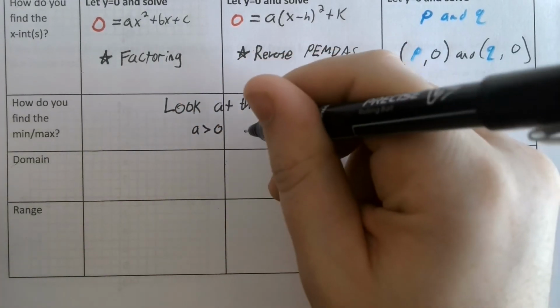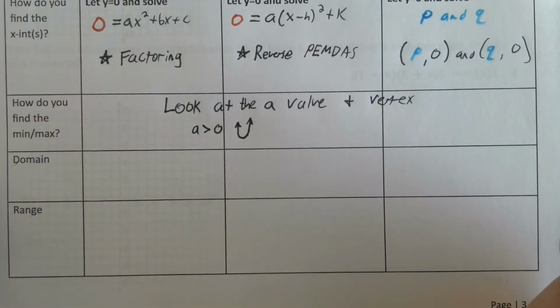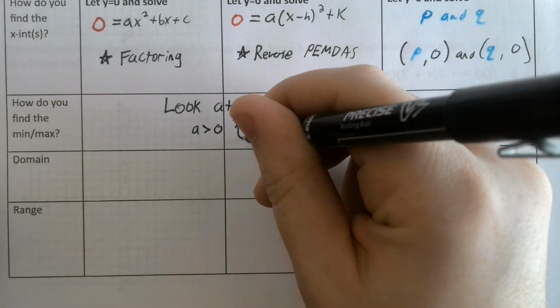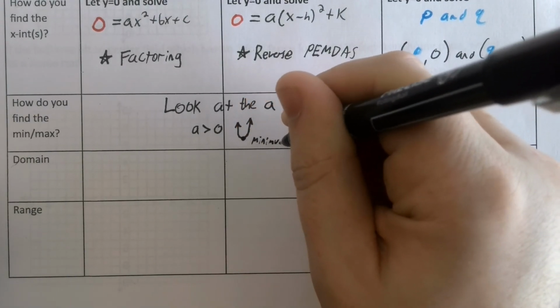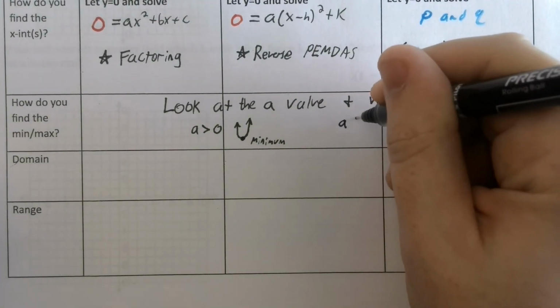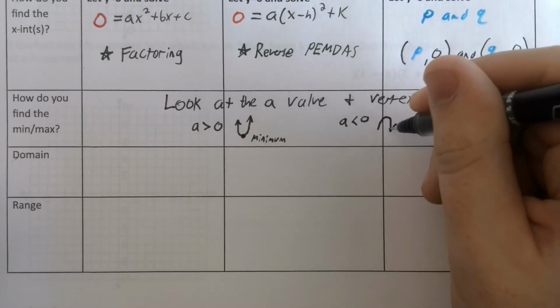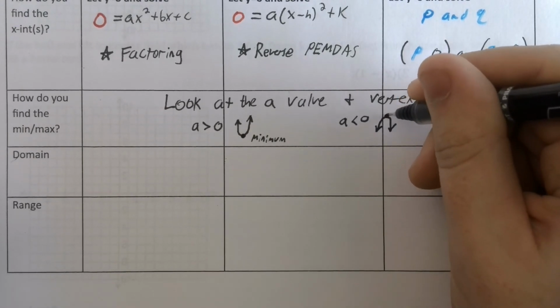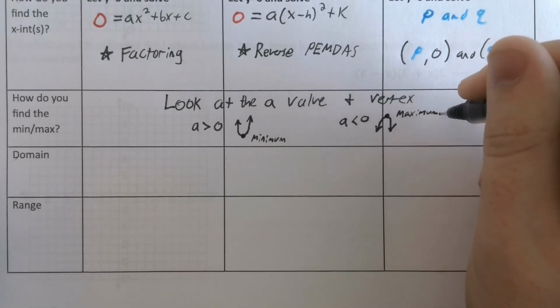When a is greater than 0, remember, our parabola is facing up like a cup. That means our vertex down at the bottom is a minimum. When a is less than 0, our parabola is down like a frown, and our vertex at the top, we call that a maximum.